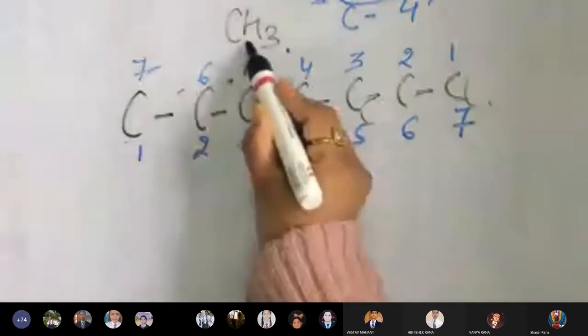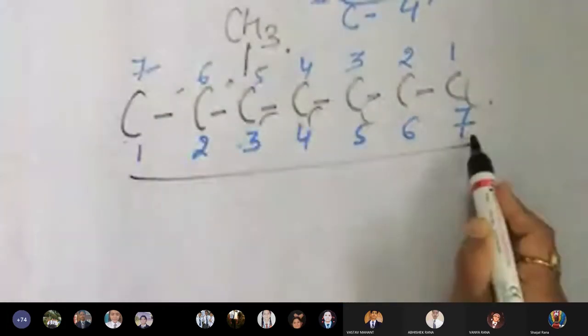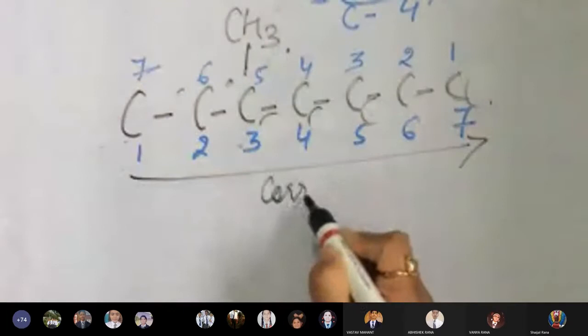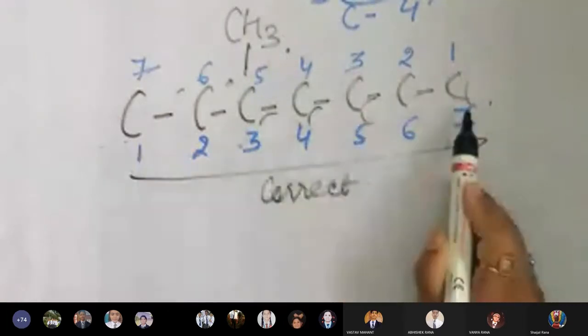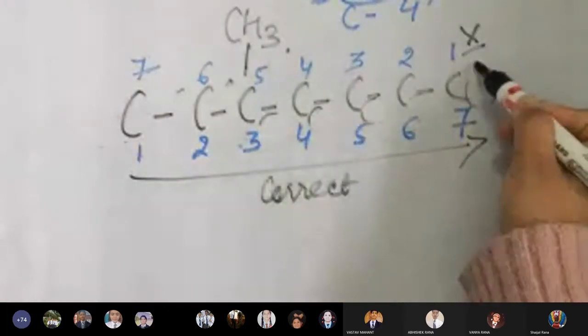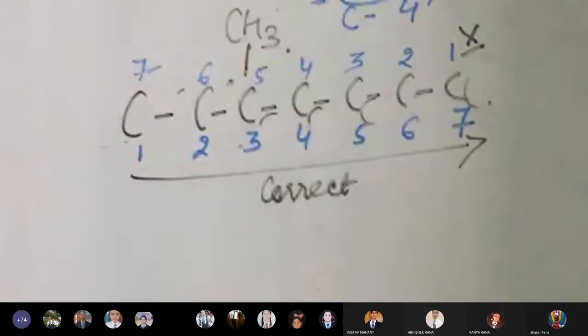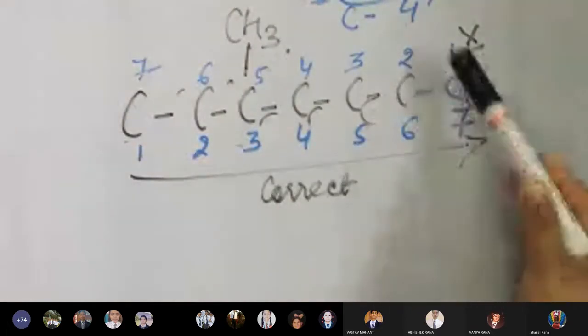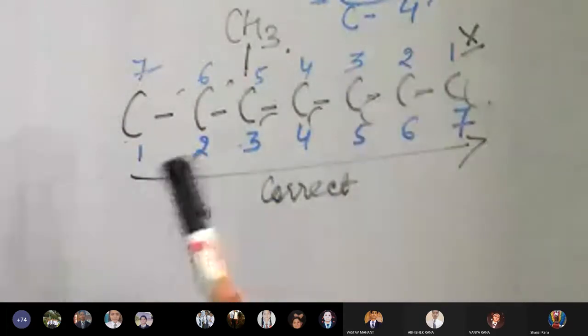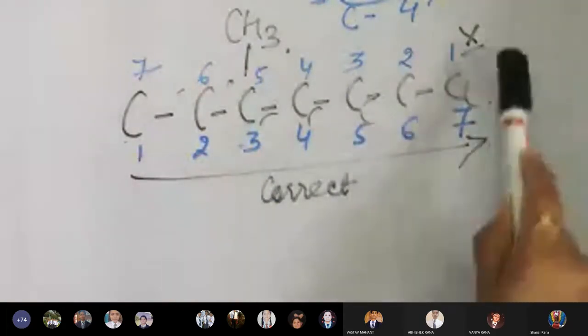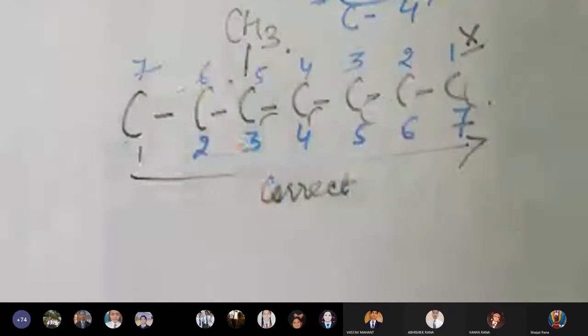I'll say this one is correct, which you have written left to right, and the upside one, from right to left, is wrong. I'll repeat this again. Both are giving you 7 carbons, that is true, but out of these 2, the left to right version is correct and the right to left version is wrong.